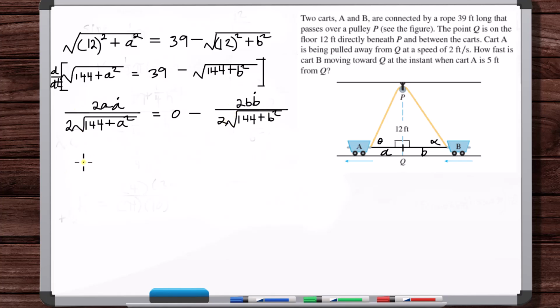Okay, now we just need to solve for b dot. So, well, we can cancel this.